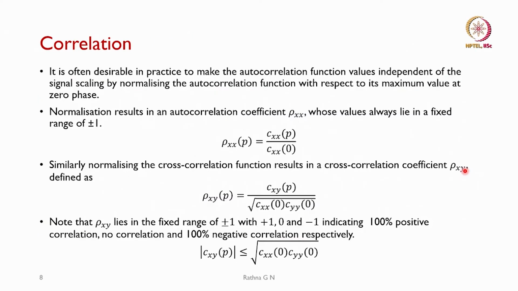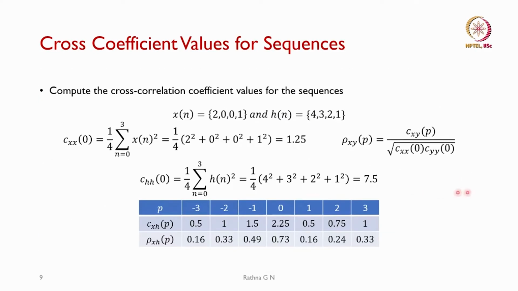So, how can we normalize this using this equation? The first value is 0.5 divided by the square root of 1.25 into 7.5, which gives us the value 0.16.